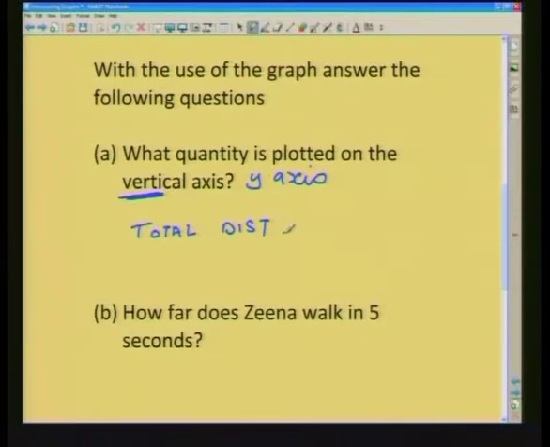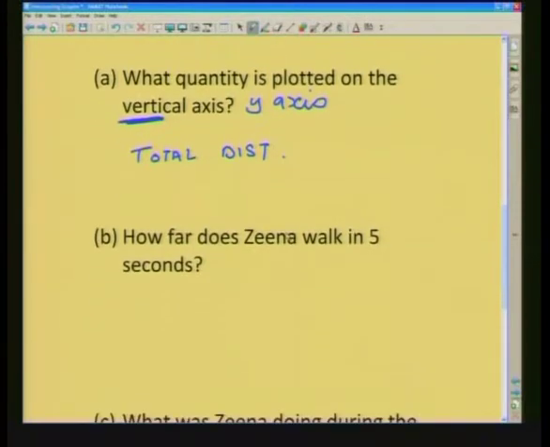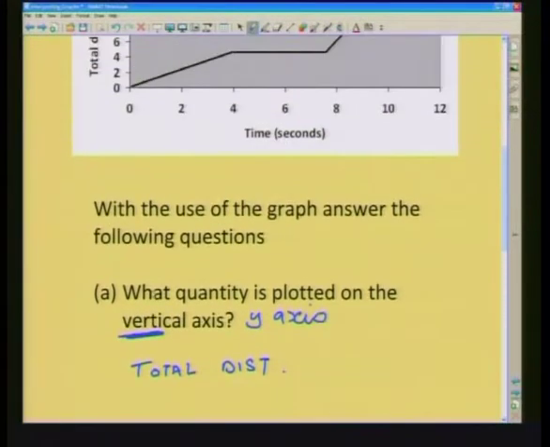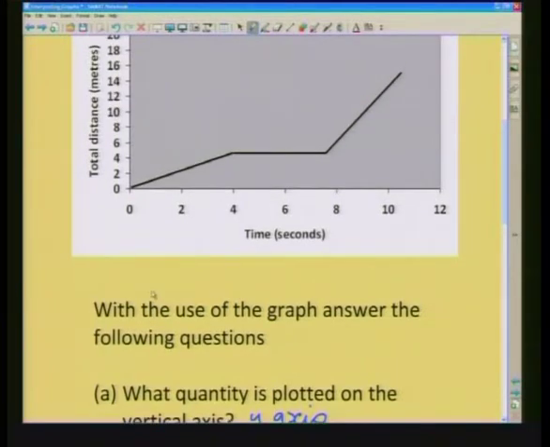All right, the next part, how far does Zena walk in 5 seconds? Now, in order to answer that, we've got to look at the graph and look at what happens along the 5th second. So the 5th second is between time 4 and 6. I would say it's about halfway, somewhere there. All right, so what's happened in the 5th second?